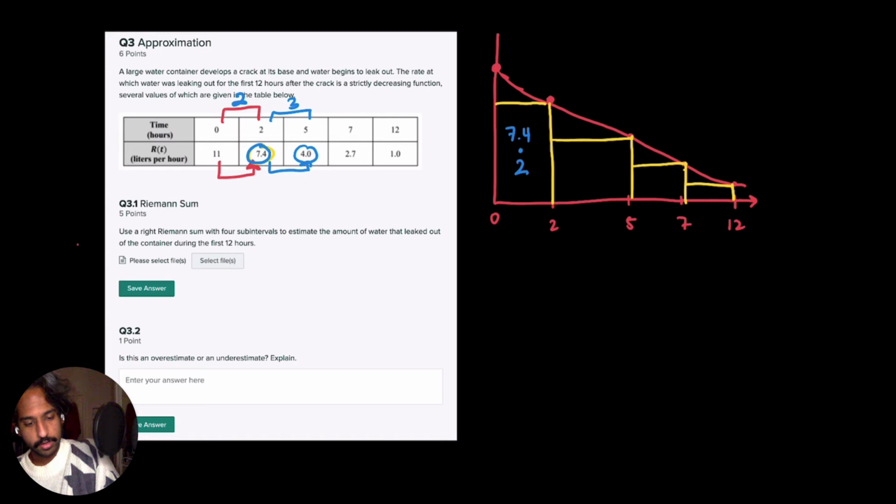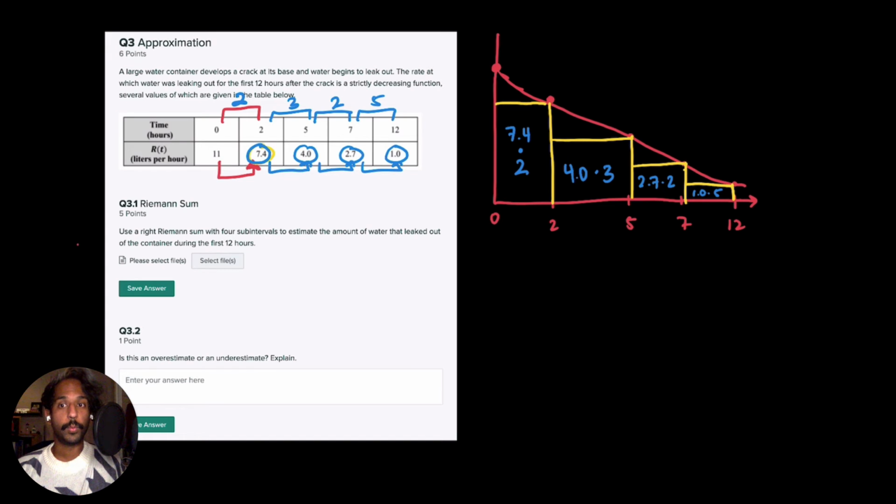This one is going to be 4.0 times 3. This one has a height of 2.7 and a width of 2. And so we can say that this will be 2.7 times 2. And this final one has a height of 1 and a width of 5. So this will be 1.0 times 5.